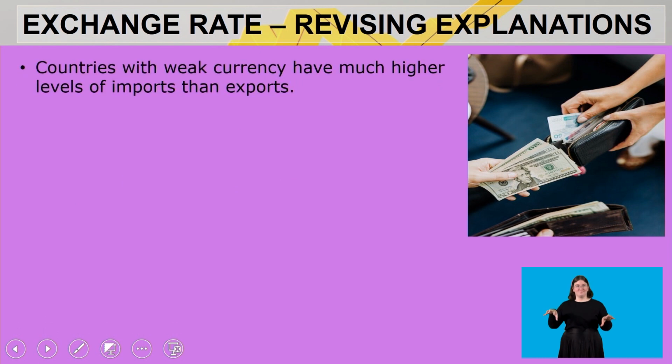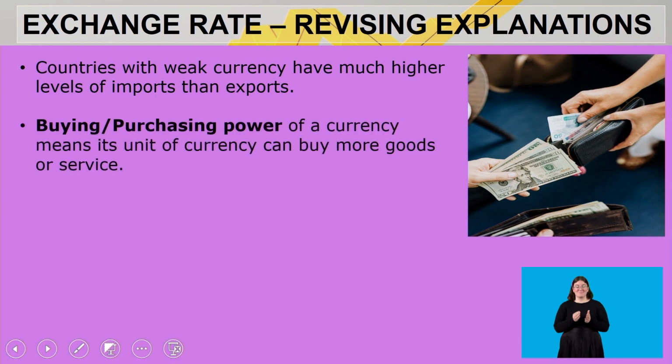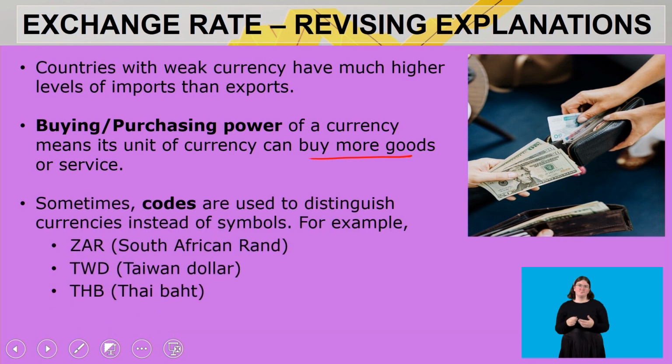Also important for you to know is that countries with weak currency have much higher levels of imports than exports. And remember I said we look at the buying power, or sometimes referred to as the purchasing power, of a currency, meaning its unit of currency can buy more goods or services. Lastly, sometimes codes are used to distinguish currencies instead of symbols. For example, ZAR, South African Rand, then TWD, your Taiwan dollar, or THB for your Thai baht.